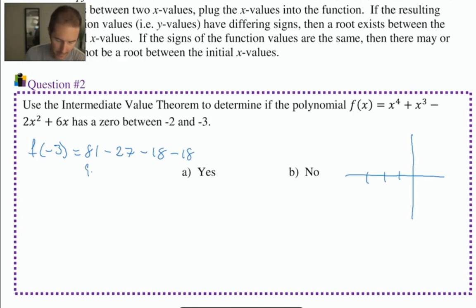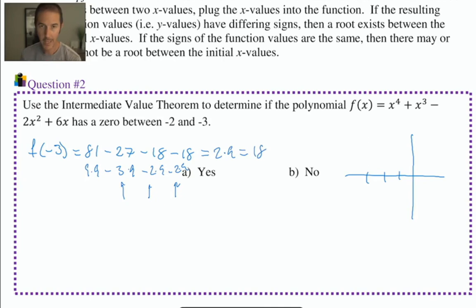This is 9 nines, take away 3 nines, take away 2 nines, take away 2 nines. So I started with 9, and then I took away 3, 4, 5, 6, 7. So then I only have 2 nines left, which is 18. Okay, so at -3, 18, I can plot that point. I'm over on my graph, -3 going up 18.